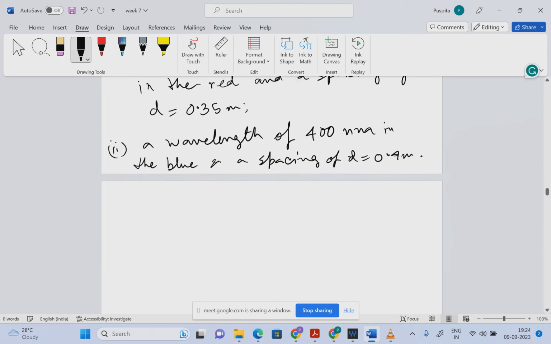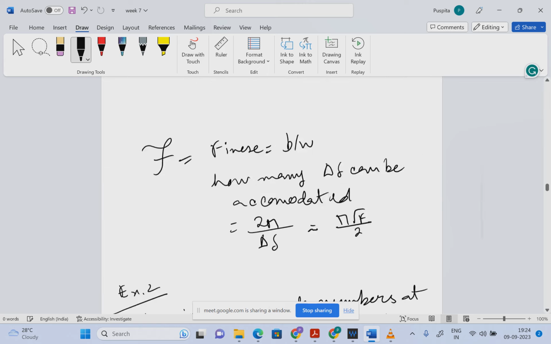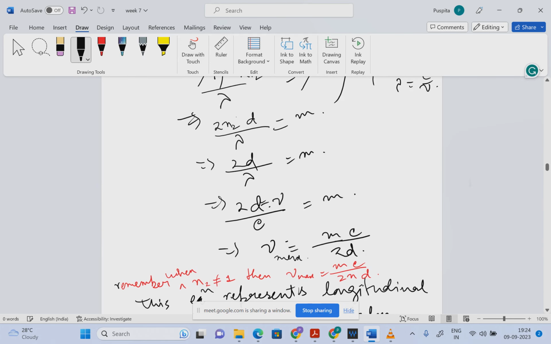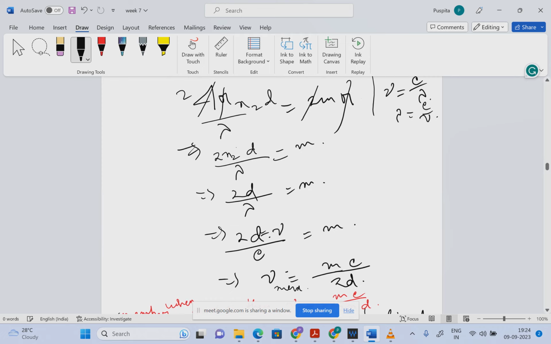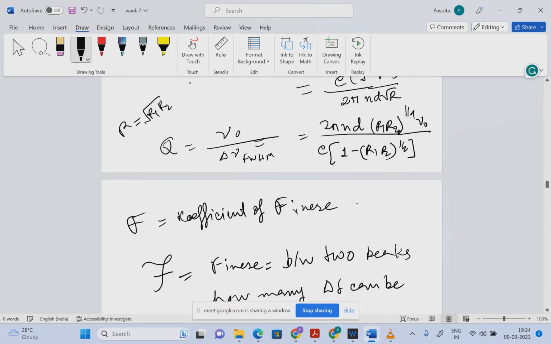So we need to calculate the mode number. This equation we have already found: 2d over lambda is equal to m, or 2nd by lambda is equal to m.